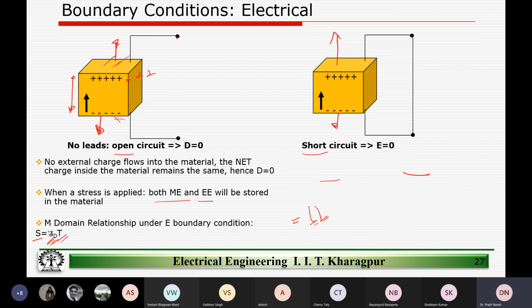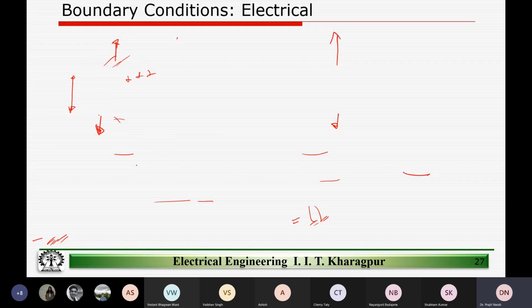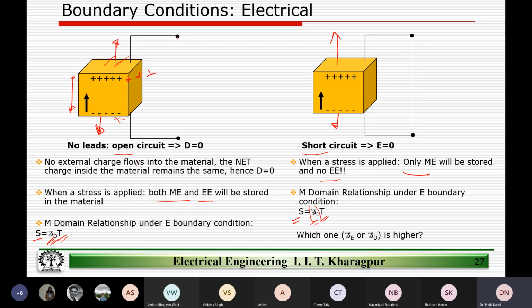In that context, I understand why you are saying this is an actuator, because we have discussed this, and we said that because it's an actuator, we are talking of this term here. I understand what you are saying, but in this context we are not talking of this as a sensor versus actuator. We are just trying to study the material under two given electrical considerations. So please go ahead and explain why SD should be higher.